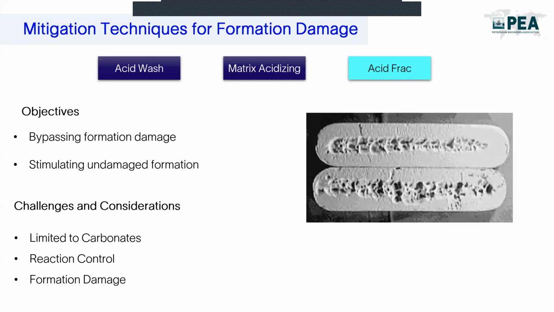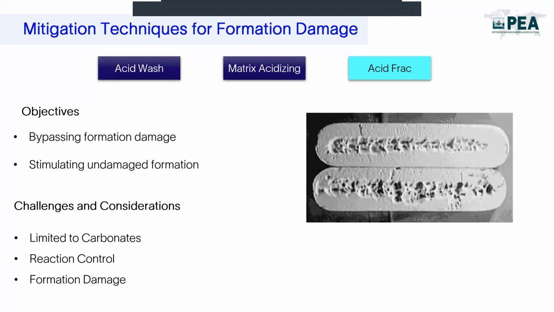So this is the advantage of acid fracturing. It could be an alternative to matrix acidizing, as well as for when matrix acidizing is not enough. Sometimes the formation damage is really deep.